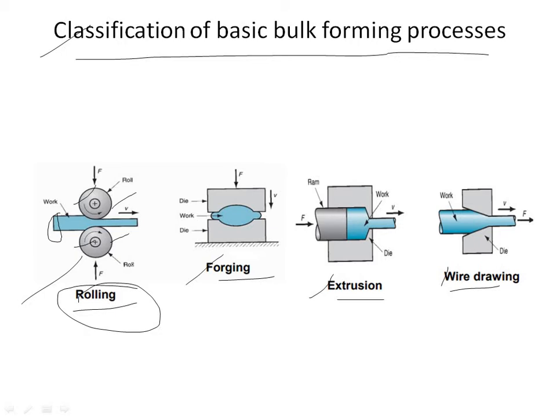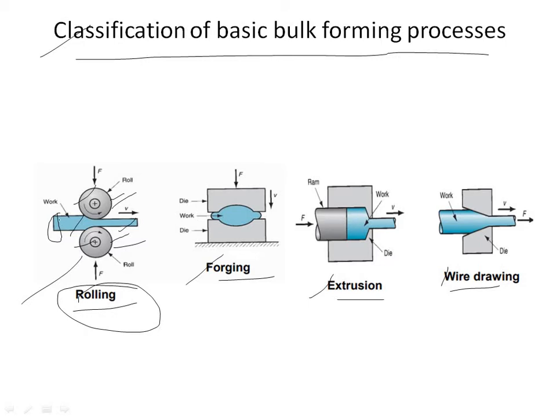You are getting what I am telling? Compression is in the thickness direction. See the thickness here and at this position, how much it differs, so that the thickness is reduced.